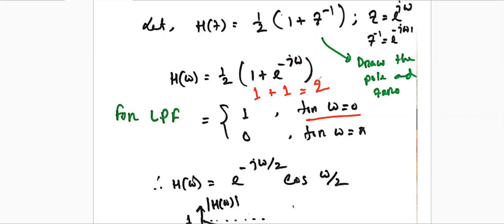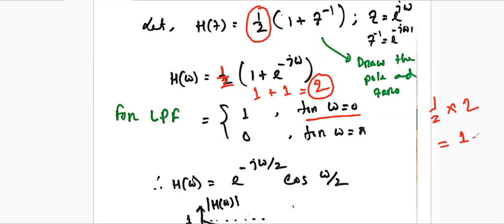Since it is 2, it shows the maximum value here. Since this is 2, that's why we are multiplying with a half before that, and that is why we are putting a half there. So half into 2 will give you 1.